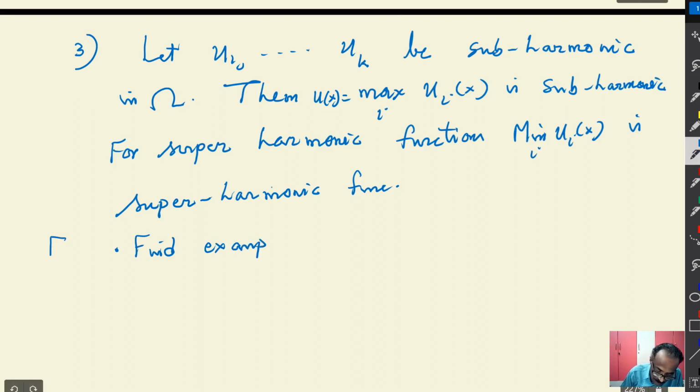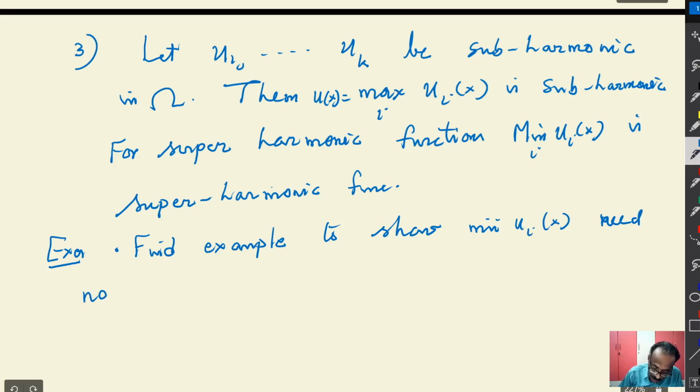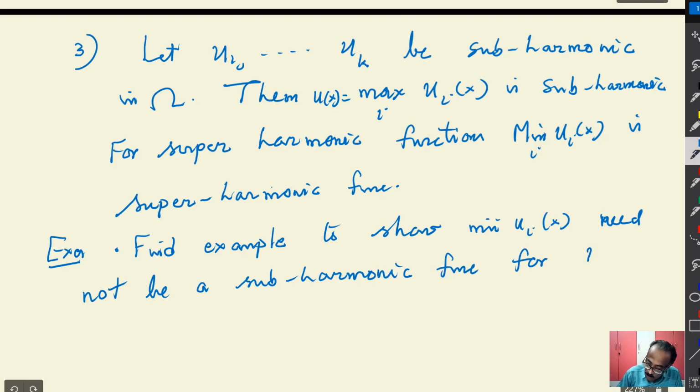This is an exercise you can think of: find examples to show that the minimum of Ui(x) need not be a sub-harmonic function, for Ui sub-harmonic.